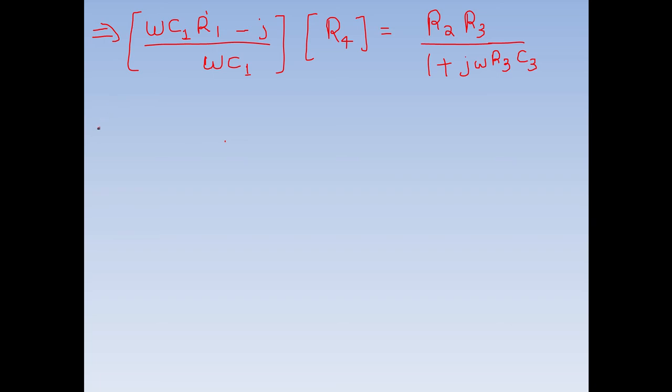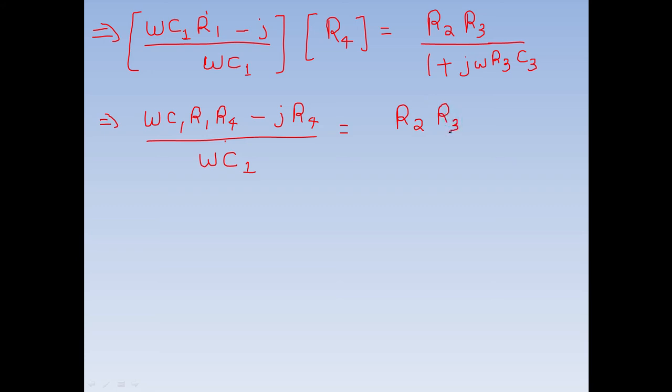Now again multiplying inner side, what do we get? Omega C1 R1 R4 minus j R4 upon omega C1 is equal to R2 R3 into 1 plus j omega R3 C3. So this is the equation which we obtained on solving it.